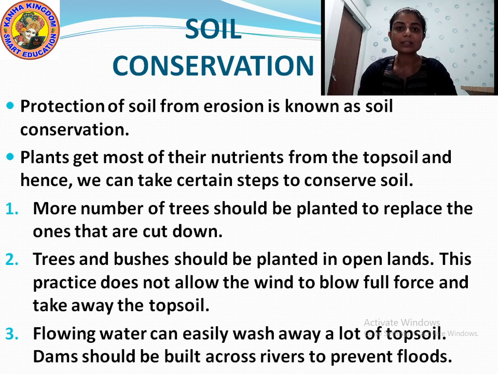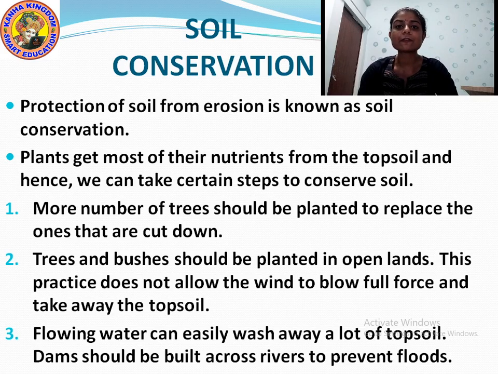When there are strong winds blowing and heavy rainfall, the soil does not get eroded, because when the roots of the plants hold the soil firmly, it makes the soil tight. It doesn't make the soil loose. Loose soil gets eroded easily by the action of water and strong winds.